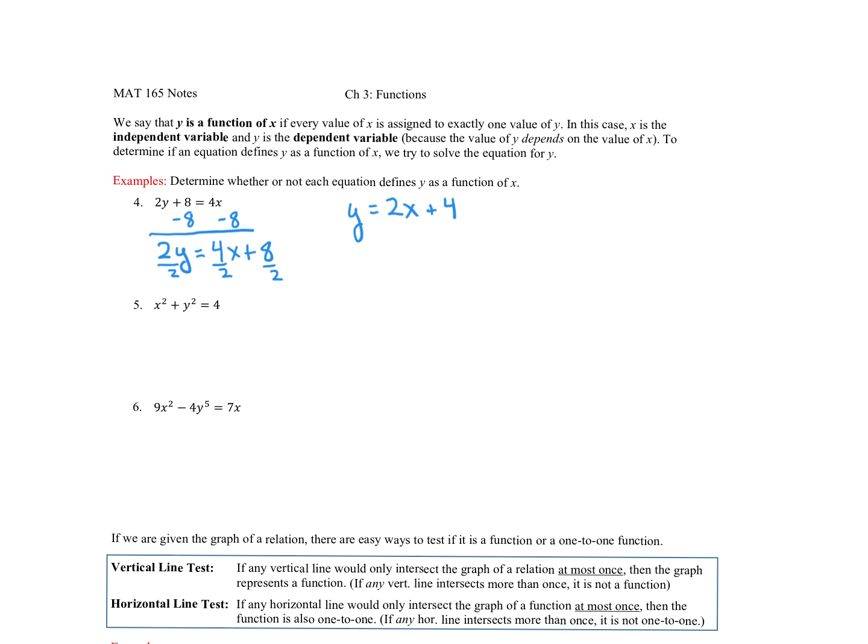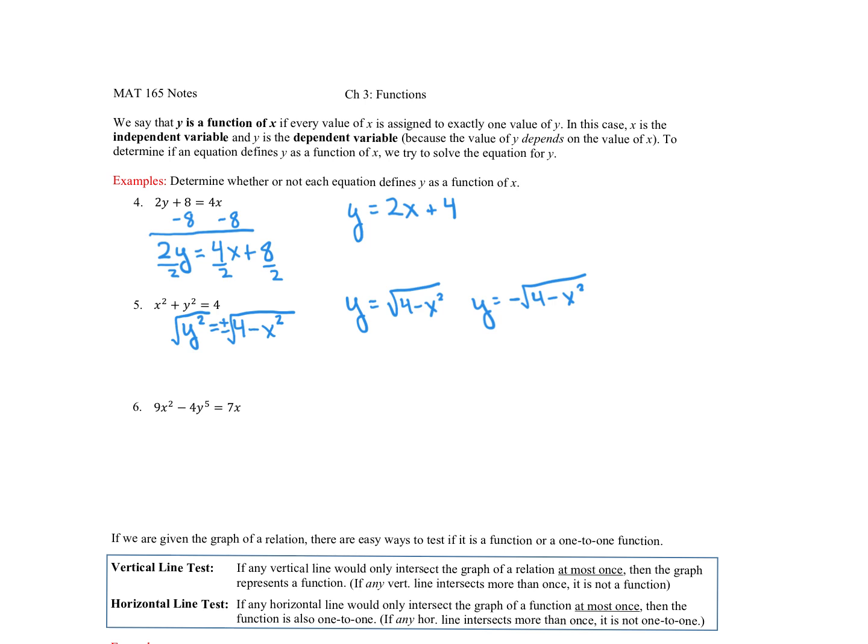Let's take a look at number 5, and once again, we'll try to isolate the y variable. If we subtract x squared from both sides, now, in order to isolate the y variable, we'll take the square root of both sides, but when we take the square root of both sides, we have a positive or a negative, leaving us with two equations.